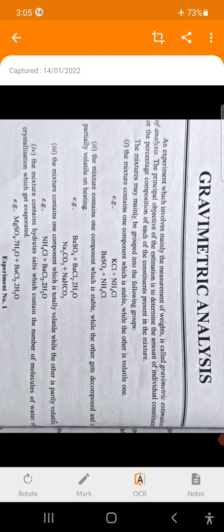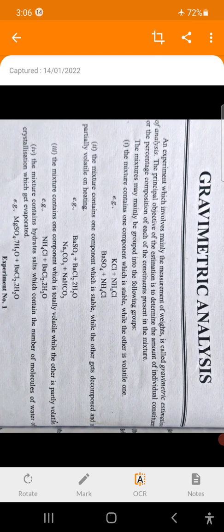For FYBSc level, you are supplied a known mixture. For example, a mixture of KCl and NH4Cl, or a mixture of barium sulfate and ammonium chloride, that is BaSO4 and NH4Cl, like that.